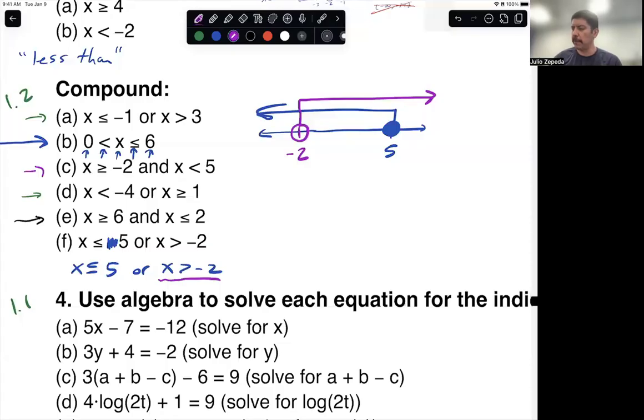So, for example, the number negative 3 is less than 5, so it satisfies one of the inequalities. Positive 6 is greater than negative 2, so it satisfies one of the inequalities. And we could say the numbers in here, like 0, this is like doubly a solution because 0 is less than 5, and it's also greater than negative 2.